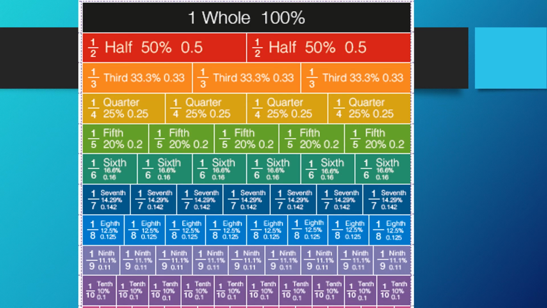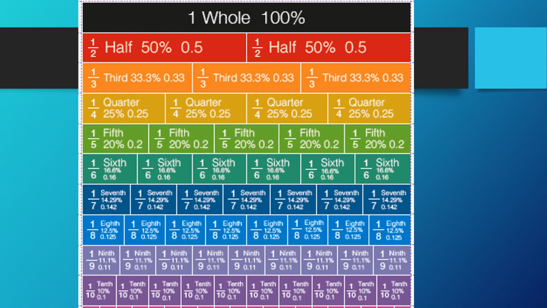Right, you might want to pause this screen and use it later. Okay, this is just some key fractions and the decimals, and it's even got the percentages, but you don't need to worry about that at the moment. So let's just take, for example, a half is 0.5. Okay, a quarter is 0.25.